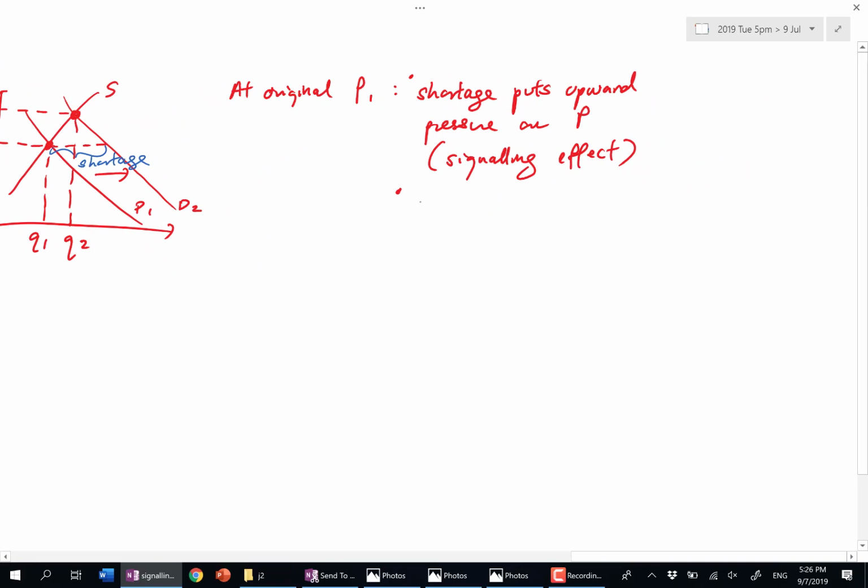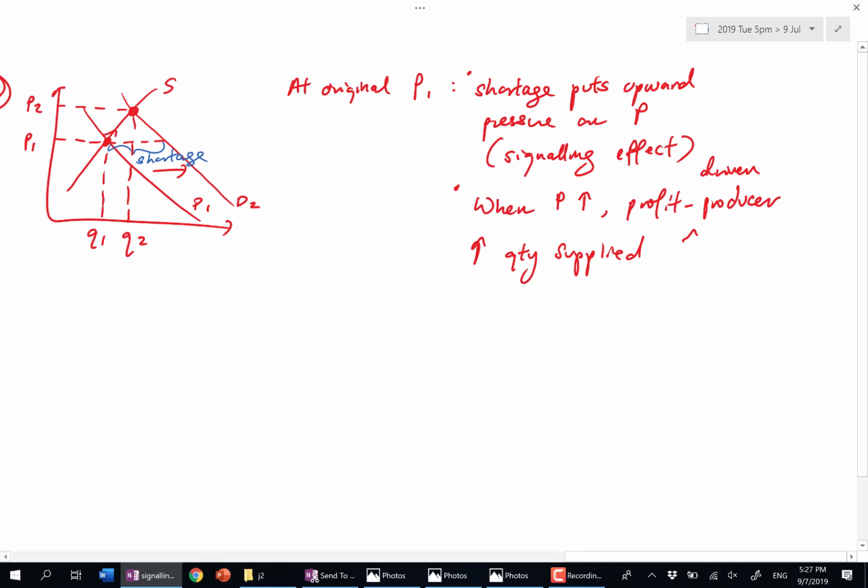And when the price goes up, profit-driven producers will produce more. Use the correct language, don't say increase supply. When you increase the supply, you're shifting the supply curve. But this is not what is happening, right?